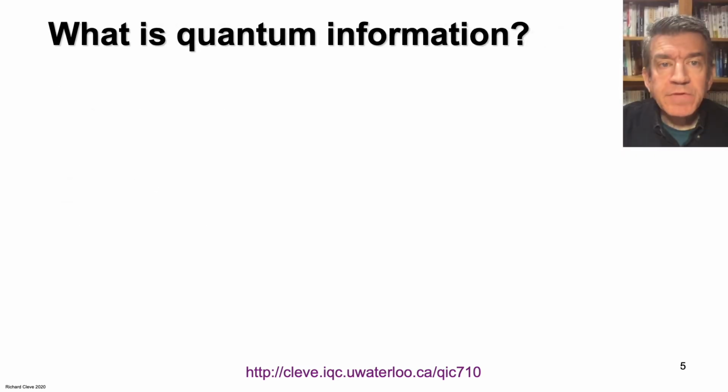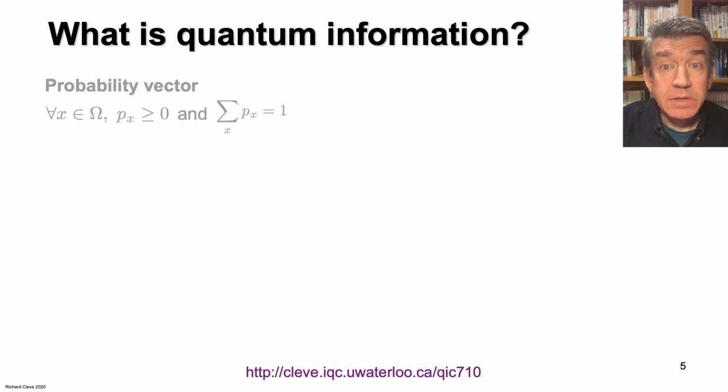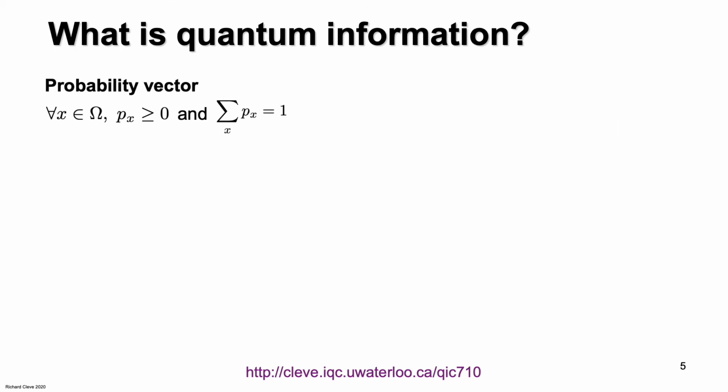I will now spend a few minutes giving you a brief glimpse of what quantum information is like. To understand quantum information, let's briefly review what conventional or classical information is like. If there are random processes, then the resulting state of a system can be described by a probability distribution.